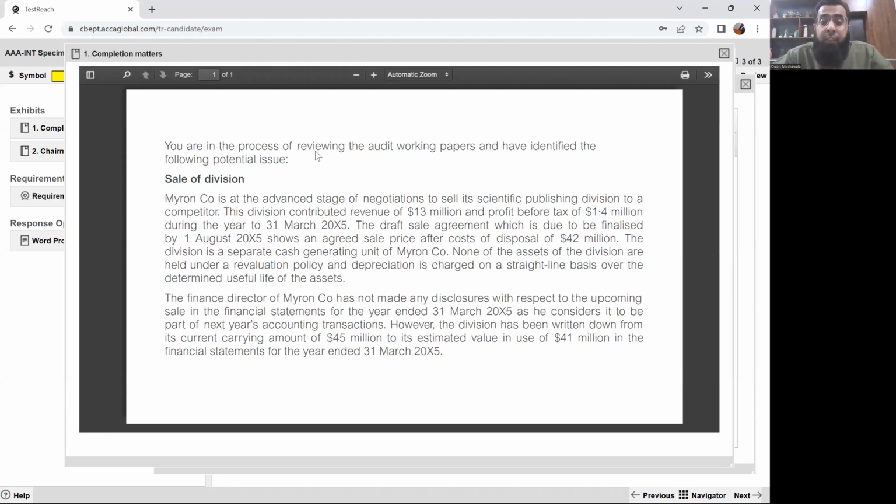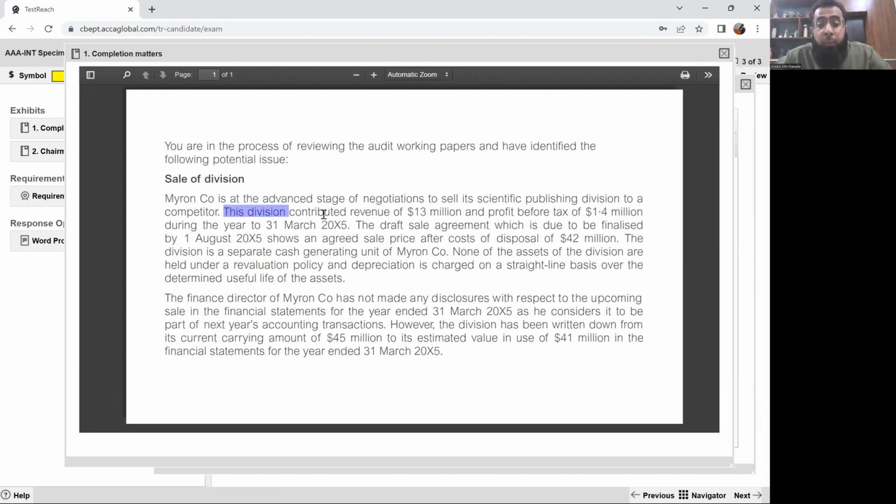You are in the process of reviewing the audit working papers and have identified the following potential issue: sale of division. Myron Company is at the advanced stage of negotiations to sell its scientific publishing division to a competitor.